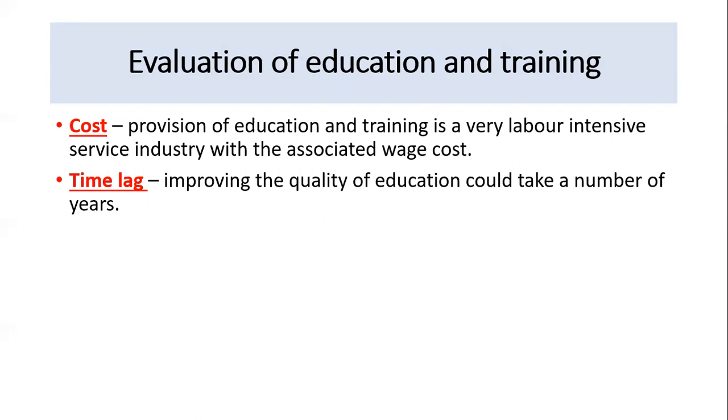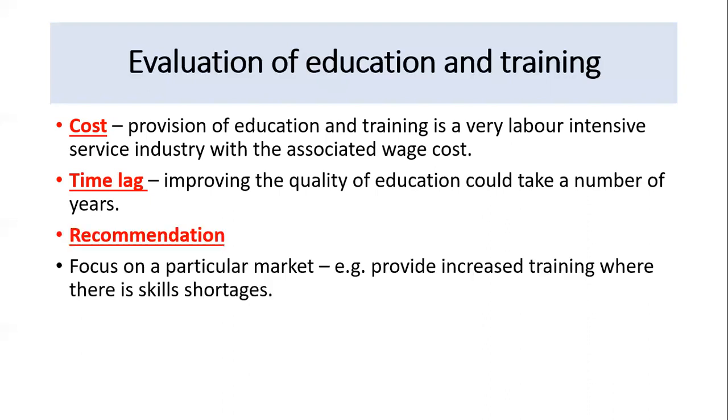It will not increase the supply of the economy straight away. Education and training is very much so a long-term strategy. It's one where it will take years for there to be an increase in the quality and quantity of the labour force. The recommendation is that if it is costly and if there is a time lag, the government should focus on a particular market.